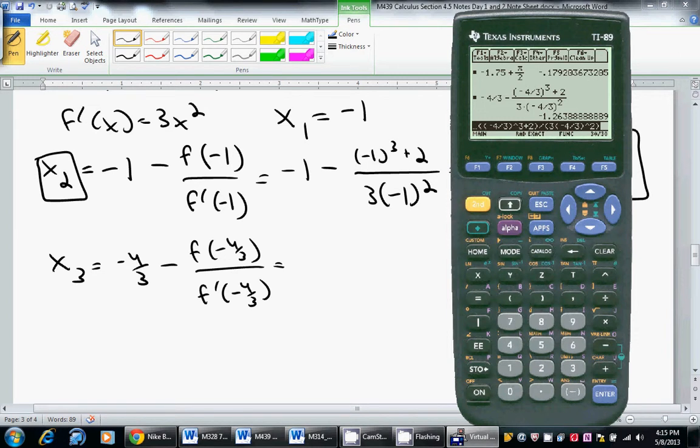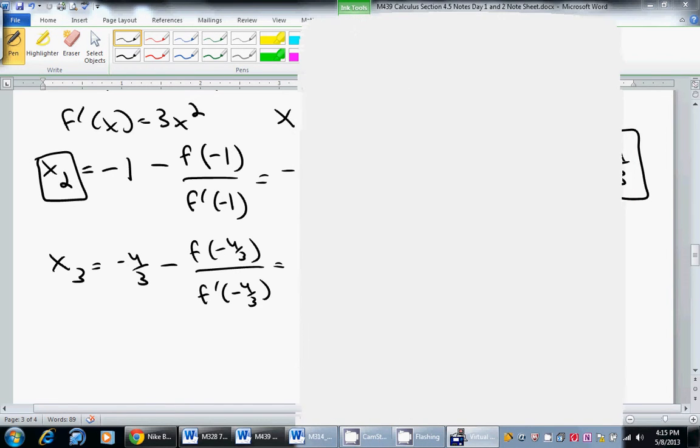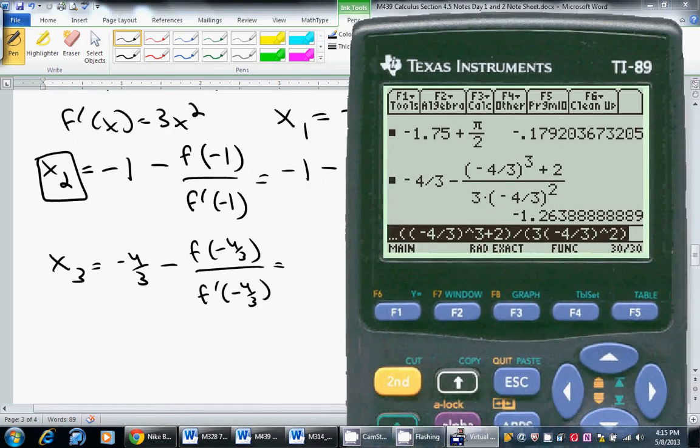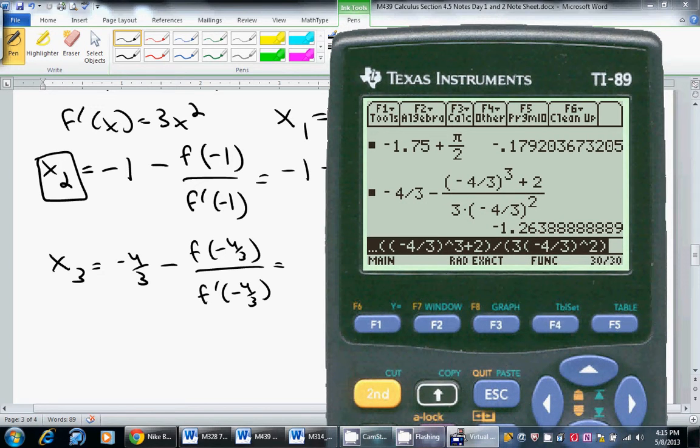Okay, so let me zoom in to show you guys what I got here. This is exactly what I've written here to the left. I have negative 4/3, x sub 2, minus f of x sub 2, so plugging in negative 4/3 into my function, divided by f prime of x sub 2, 3 times negative 4/3 squared.